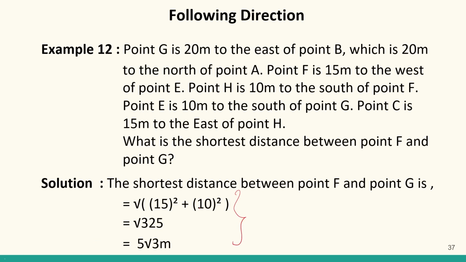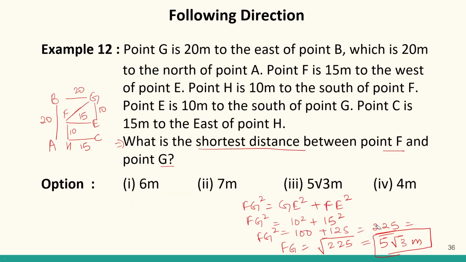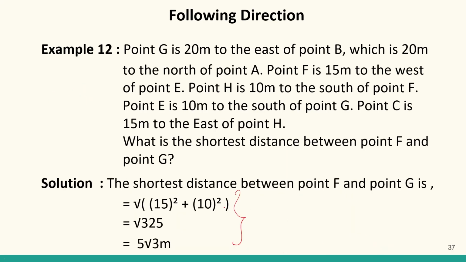Sorry, this was 225, 325. Calculation error. This was 100 plus 225, 325. Under root of 325 gave me 5 root 13 meter. So this will be the answer.